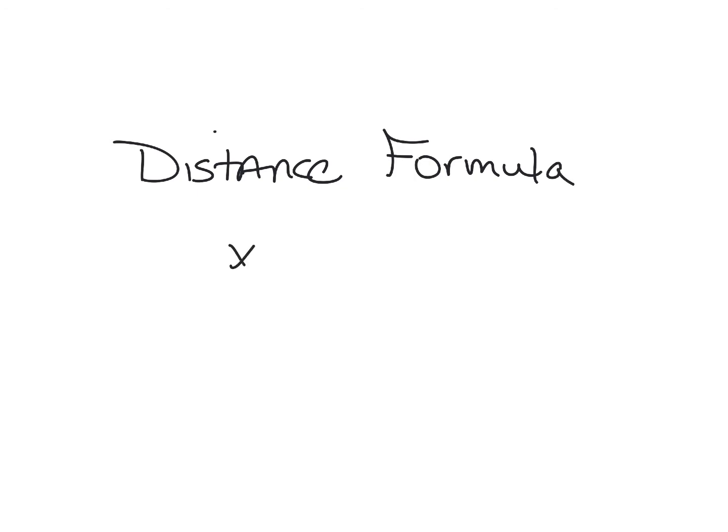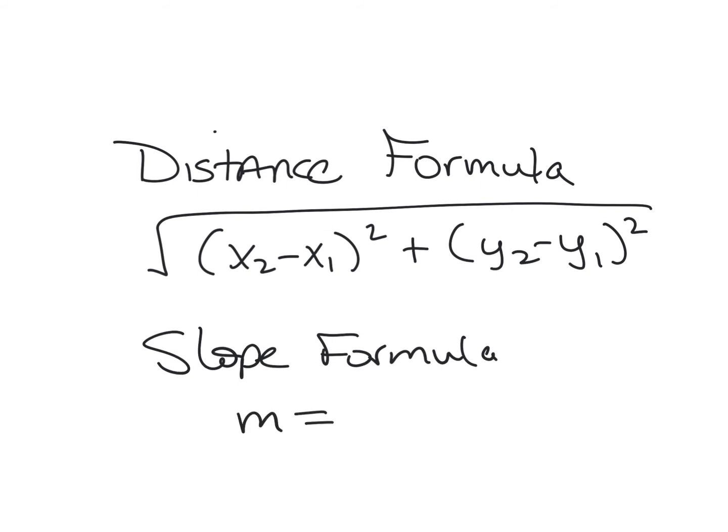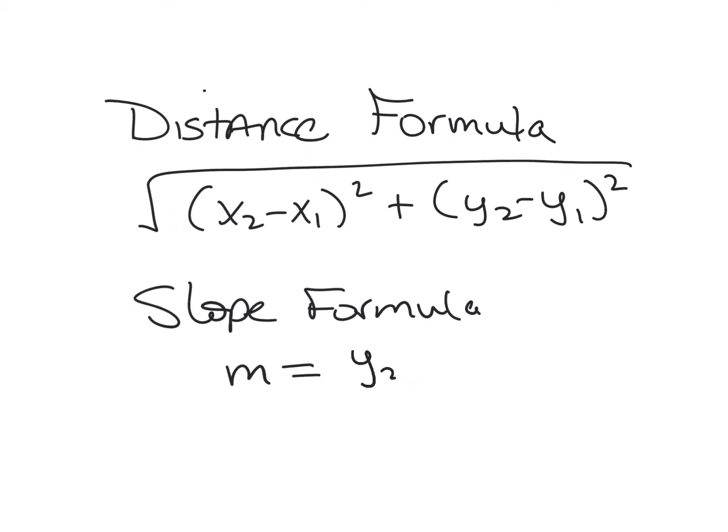And that's x2 minus x1 squared plus y2 minus y1 squared, and this is all under the square root. You also need to know the slope formula. Remember, slope is always indicated with a lowercase letter m. And it's y2 minus y1 over x2 minus x1.